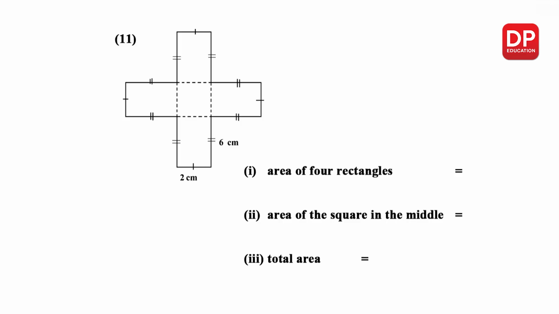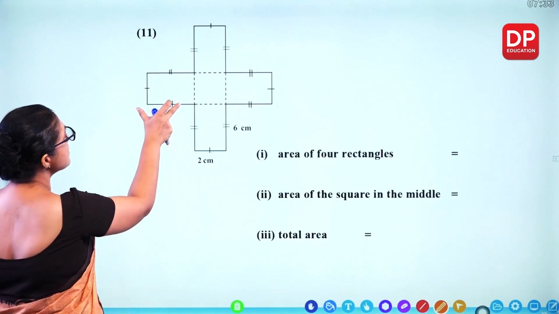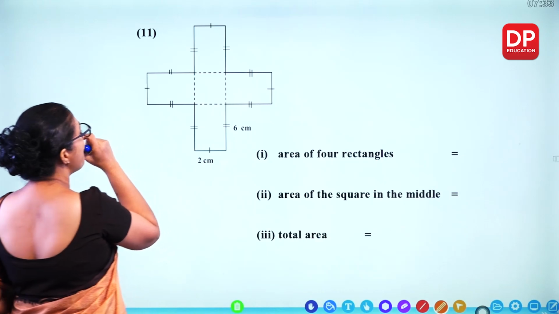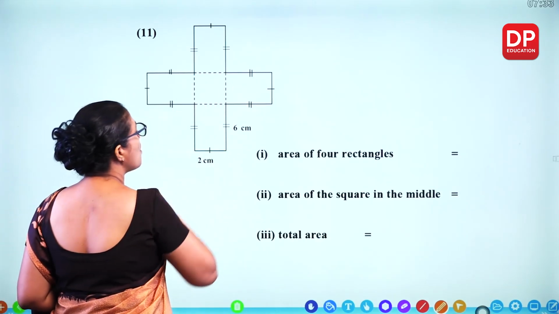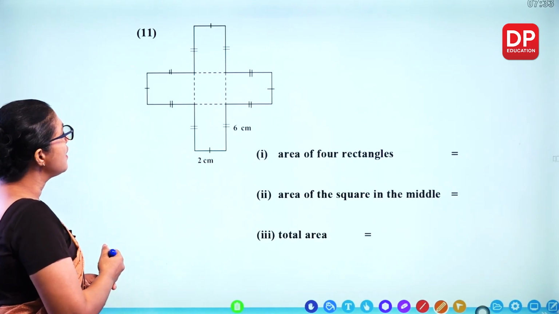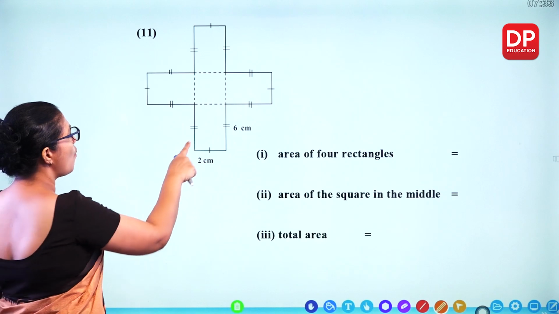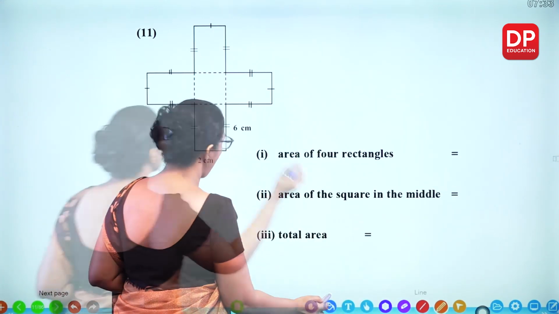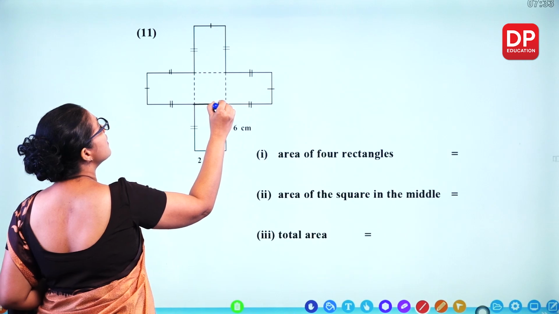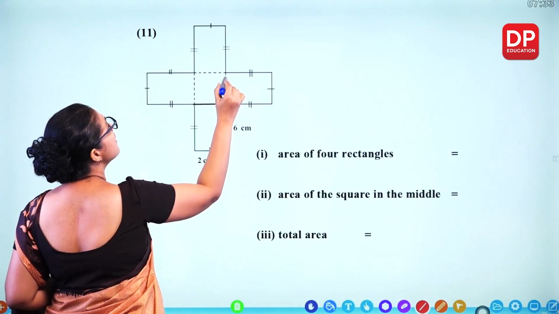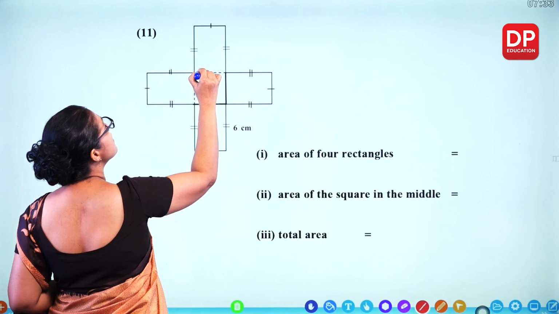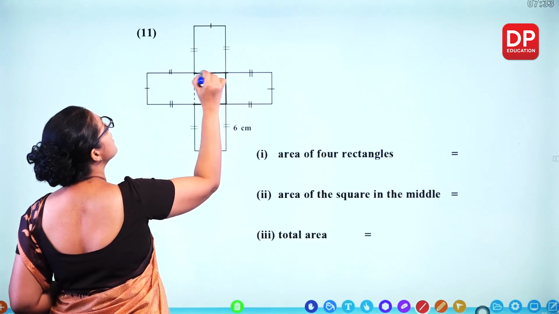Look at this figure. All these lengths are equal. So this is 2. This is also 2. Now, when you take one rectangle, what you get? When you take length and breadth of the rectangles, what can you say about that?